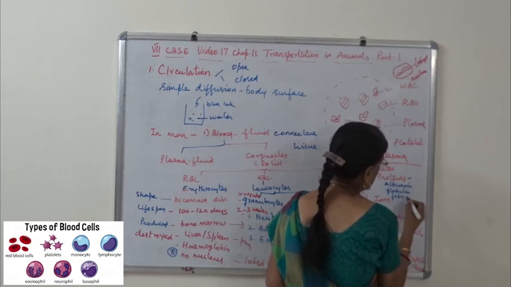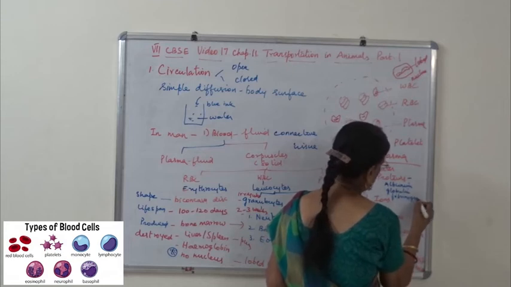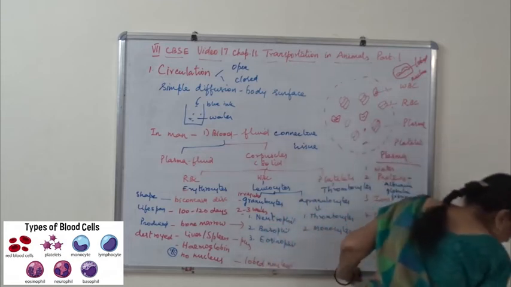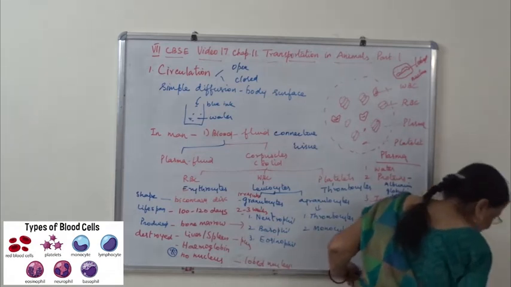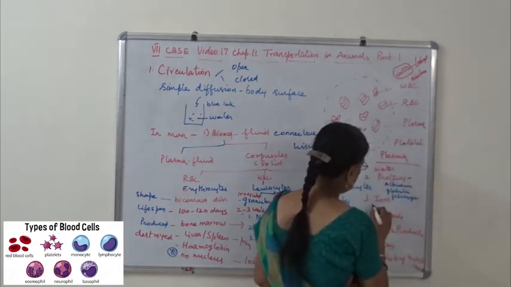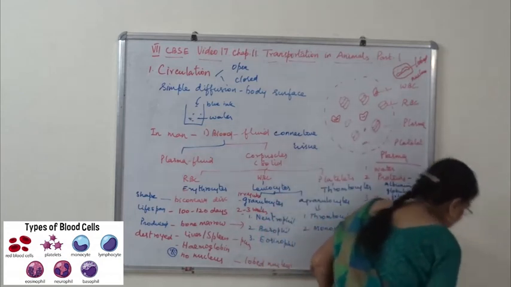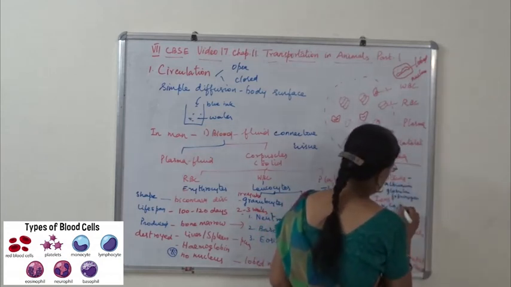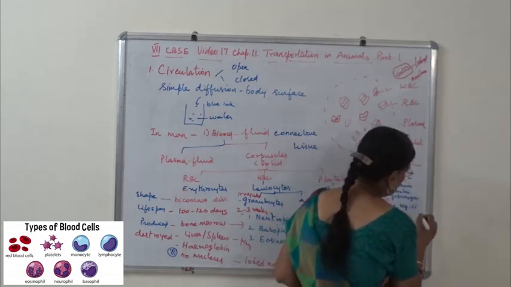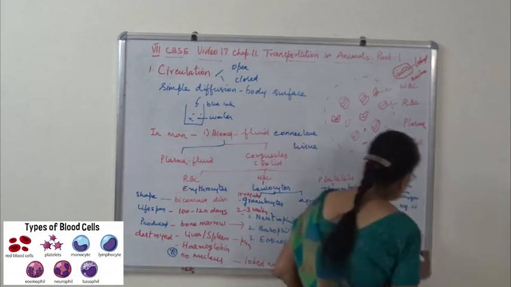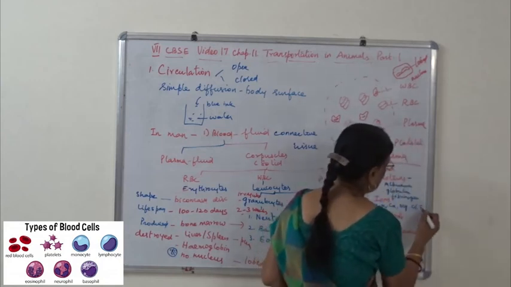Ions are sodium, potassium, calcium, magnesium, chlorine, iron and so on.